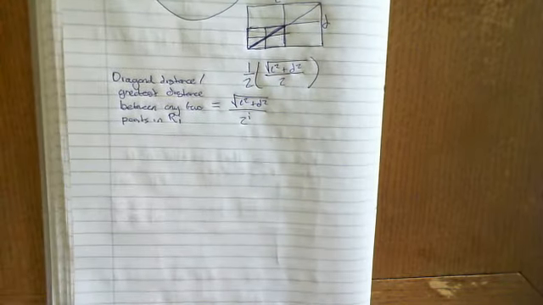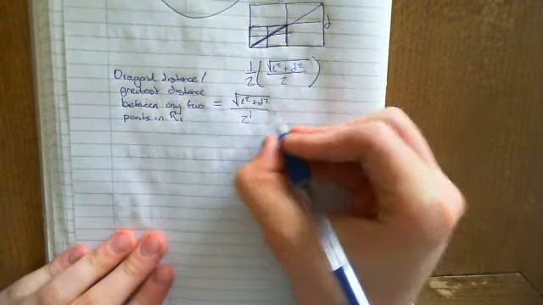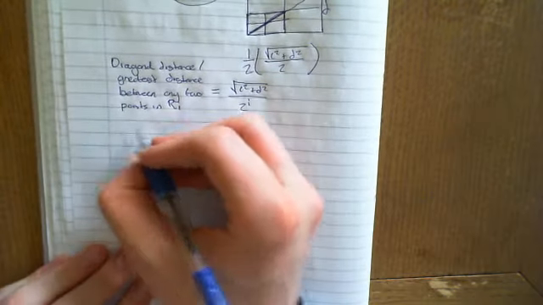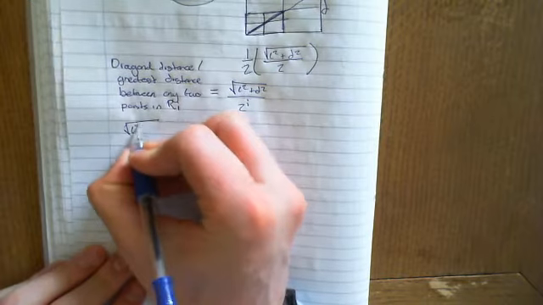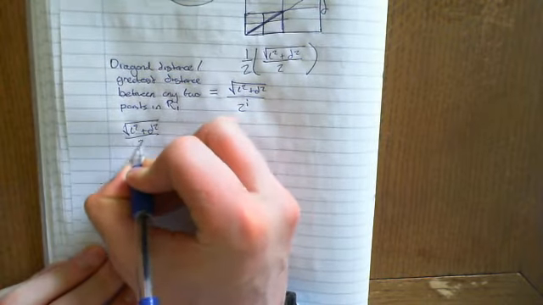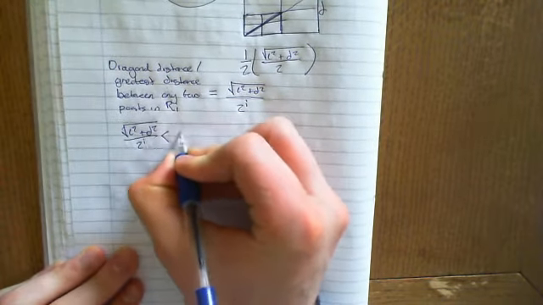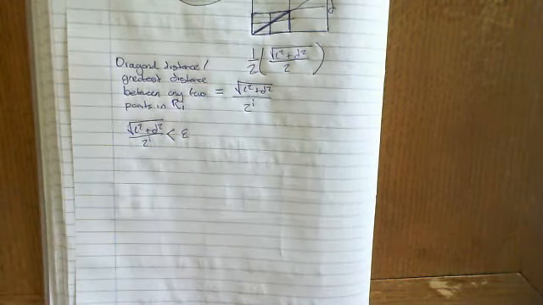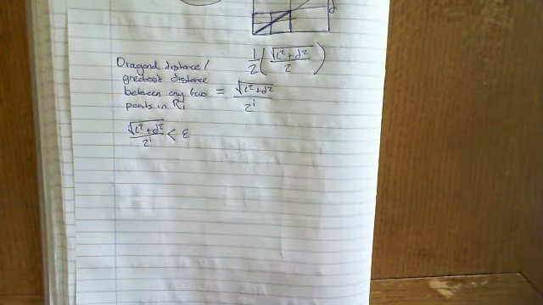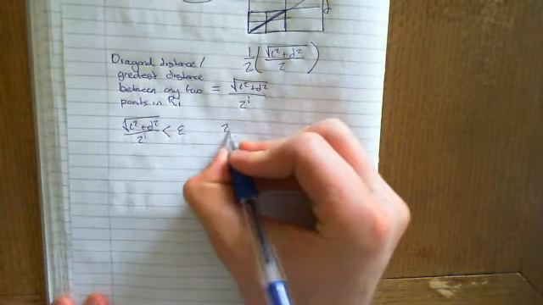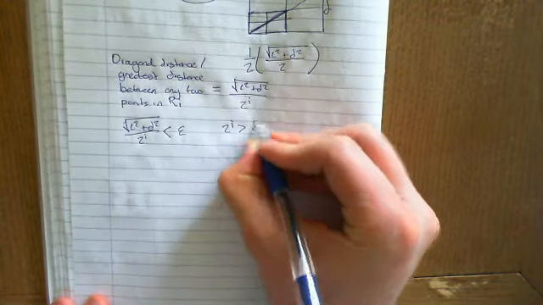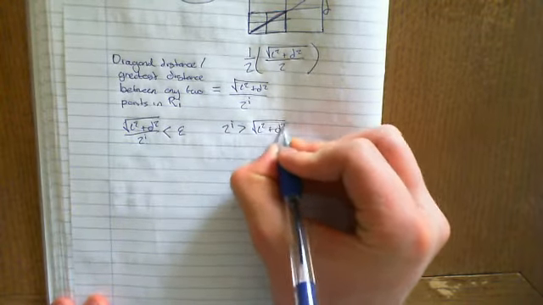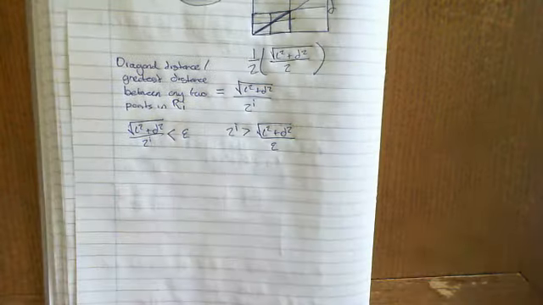So we need this distance to be less than epsilon. A little bit of rearrangement gives us that 2 to the i needs to be greater than the square root of L squared plus D squared over epsilon.